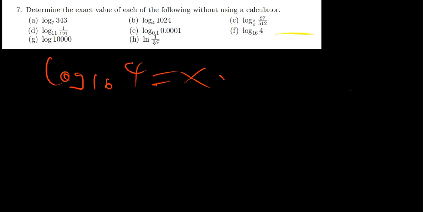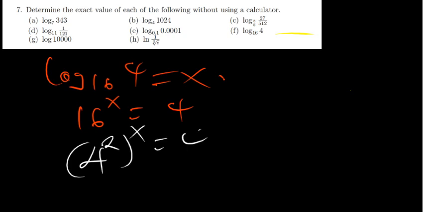So I'm going to say it's going to be 16 raised to the power x is going to be equal to 4. I've changed now from log into exponential. Now, after changing from log into exponential, we can solve this. Now, to make the bases the same, 16 is going to be 4 raised to the power 2.